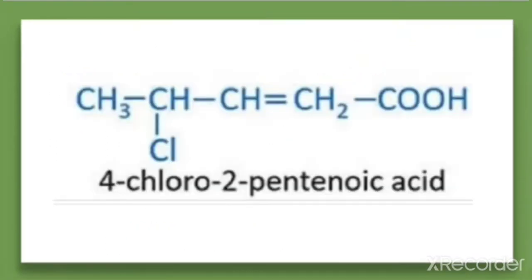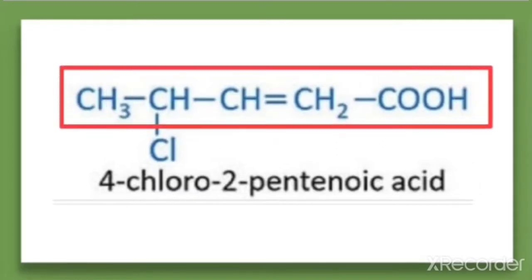Next example. In this example, the acidic group is present, that is a principal functional group, so we need to include it in the main chain. This is the main chain, and this one is the substituent, that is chloro. How many carbon atoms are in the main chain? You have to give preference to the acidic group, therefore that is the first carbon.